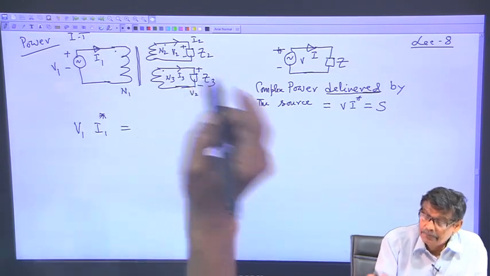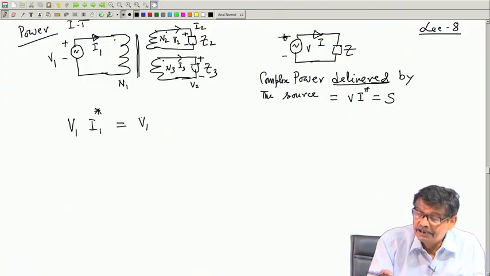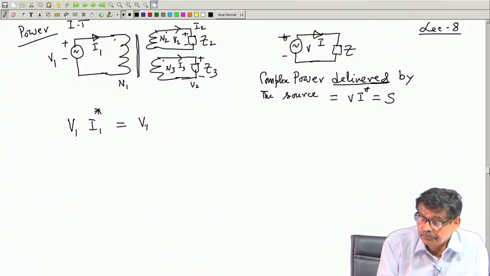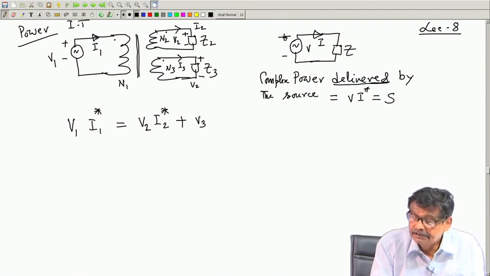So, power absorbed by Z 2 is V 2 I 2 star, plus V 3, this is V 3, sir, plus minus V 3 I 3 star, very simple.